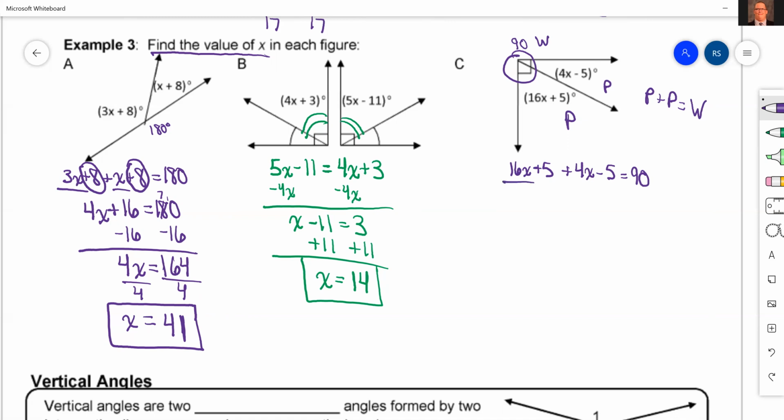Combine your like terms. 16 plus 4 is going to be 20 and our x. Then we're going to have plus 5 and minus 5. Yeah, those cancel out. So we don't have to write anything. It's 20x equals 90.